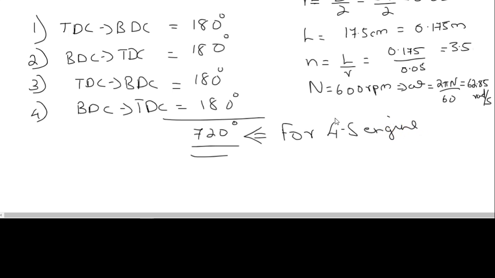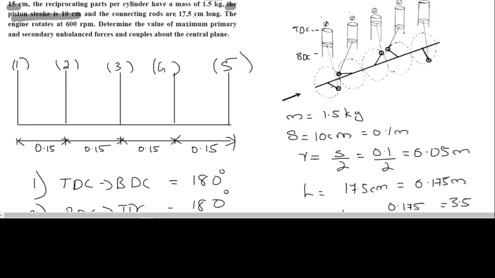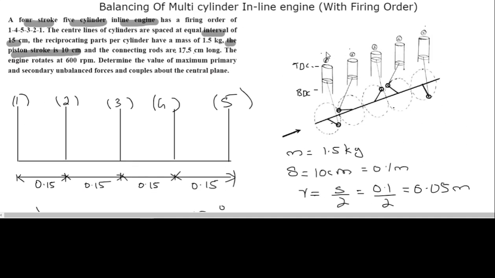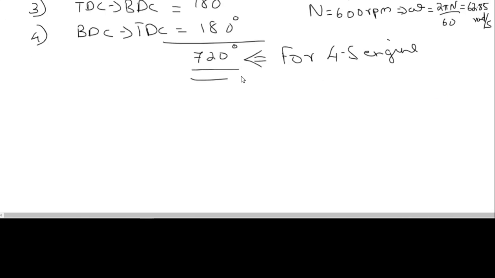Since it is a five-cylinder engine, that means the cylinders will be fired at an instant where all the cranks will be at equal distance to each other, and total travel is 720. So each of these cranks will be at an angle which is total travel divided by 5.